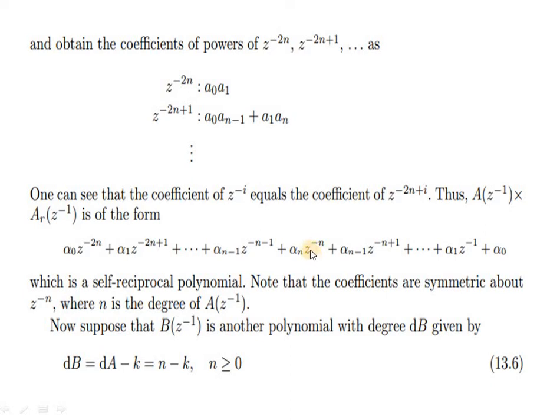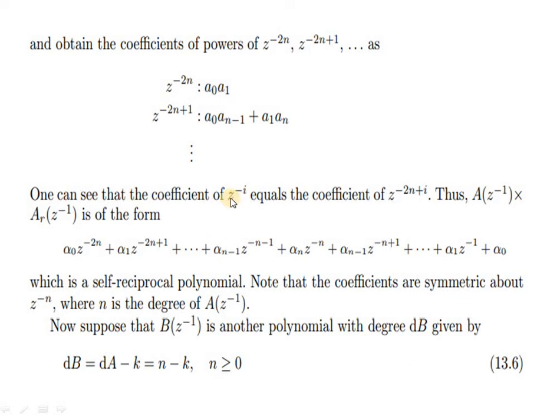Taking a reference here, the coefficient of z raised to minus n plus 1, that is alpha n minus 1, is the same as the coefficient on the other side, and at the same time the coefficient of z raised to minus 1 is the same as the coefficient of z raised to minus 2n plus 1.